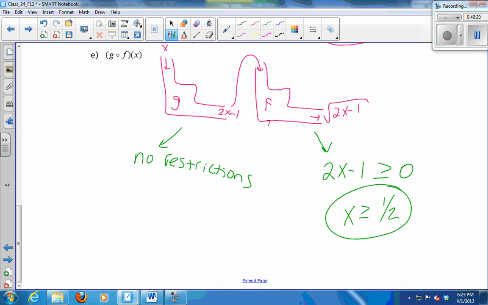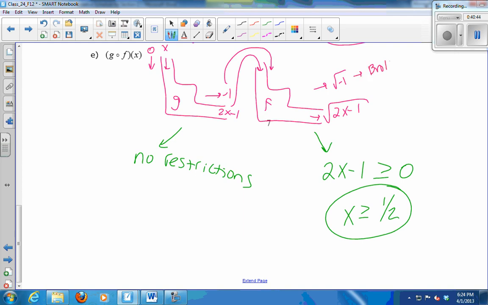So let's see what happens if I try to put in, say, 0. If I put a 0 into the g machine, I'm going to get -1 as the output. Then I take that -1 and I try to put it into f. When I square root the -1, can't do that.